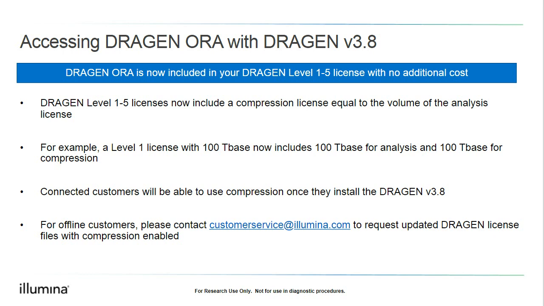These files could be new files that are coming from the sequencer, or if you have existing files today in your local storage or in your cloud storage, you can download them, compress them, and then put them back. So again, this utility today, in addition to the NextSeq that we had introduced towards the end of last year, is now available for all DRAGEN users who use the DRAGEN server today.